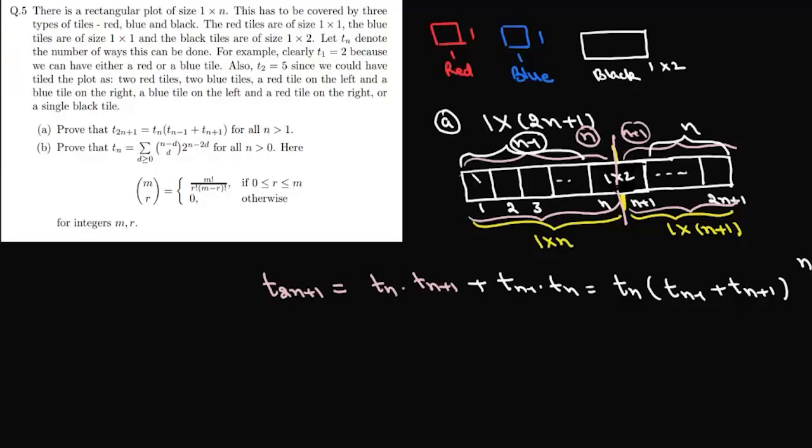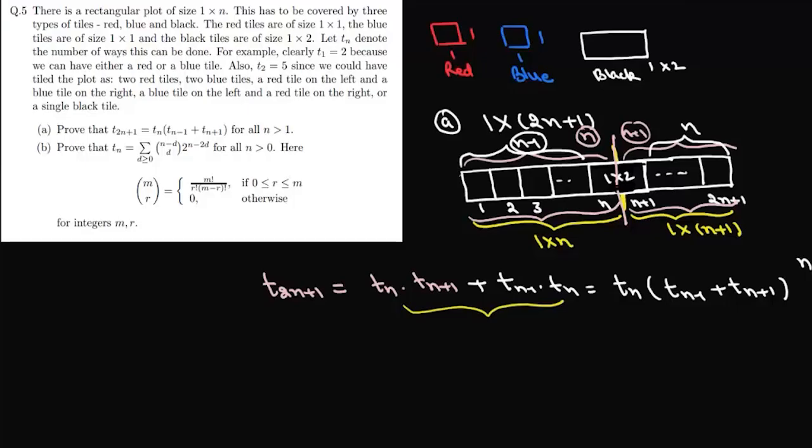In that case we have n-1 tiles on the left and n tiles on the right, and these 2 cases gave us the total number of ways of tiling this 2n+1 plot, which gives us this formula, T2n+1 equals Tn into Tn-1 plus Tn+1 for n greater than 1.